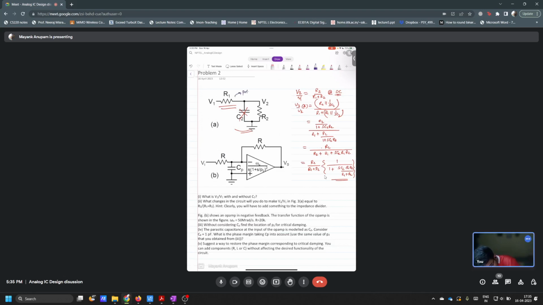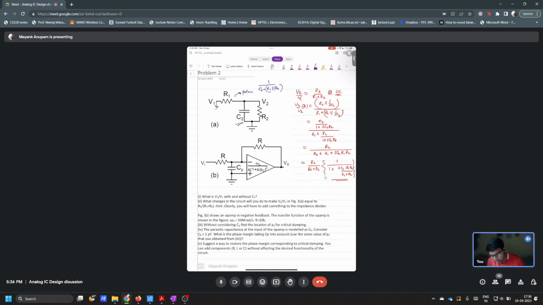How could you directly see this? Fairly easy: if you ground V1, you see that R1 and R2 are in parallel to each other, and then they are parallel to C2 also. So this is fairly easy, right?